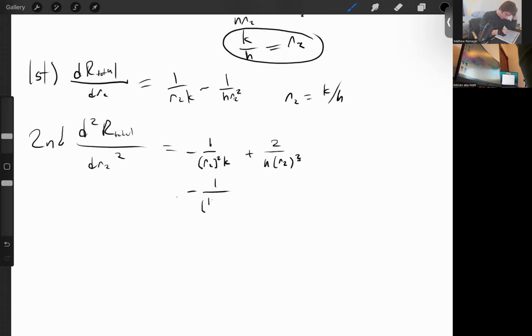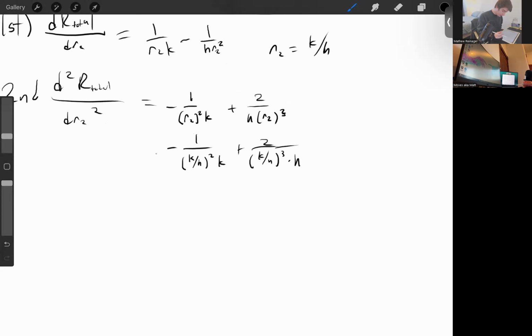So this is going to be K over H squared multiplied by K, plus 2 over K over H cubed times H. H and K are not in parentheses there. I don't know why I expressed it like that. All right, so let's go ahead and simplify this.